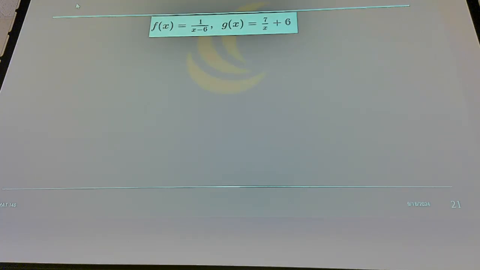Start off. What is the domain of f? Yeah, just f. What is its domain?